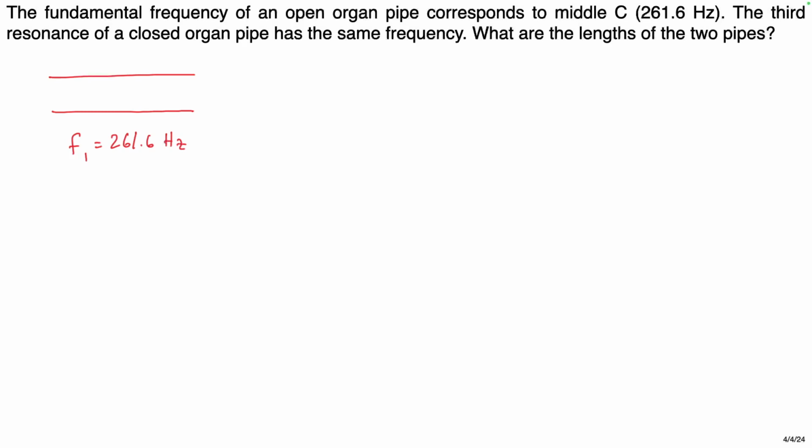Okay. The third, here we go. The third resonance of a closed pipe. Okay, first of all, it's a closed pipe, right? So it's going to look something like this, right? And what do we know about the pattern for a closed pipe?